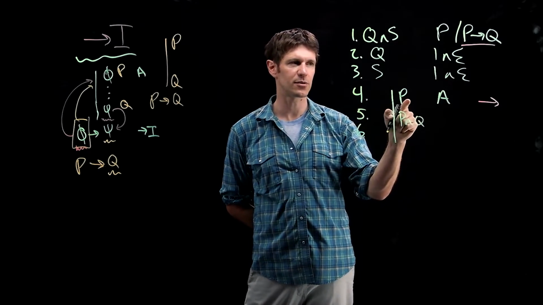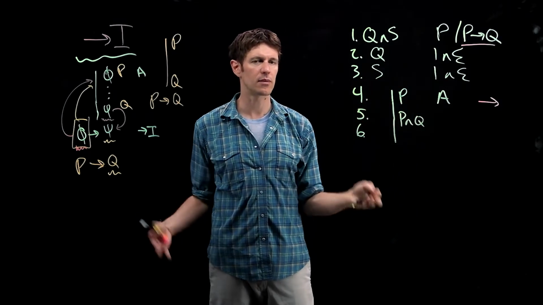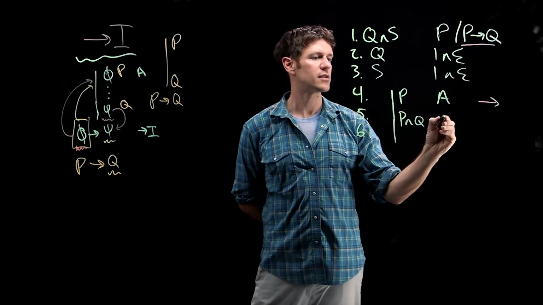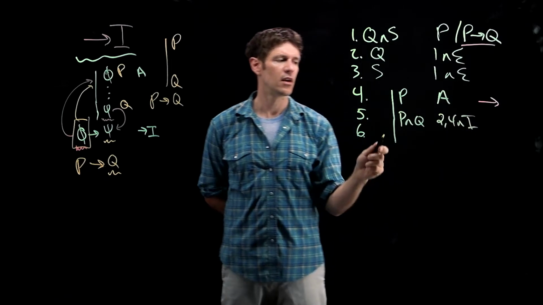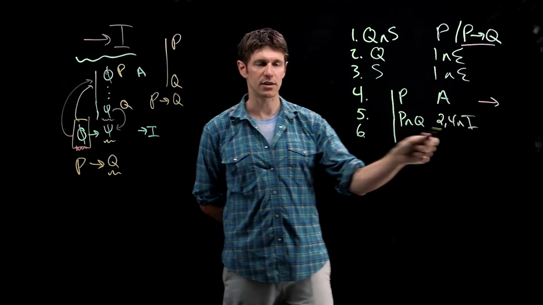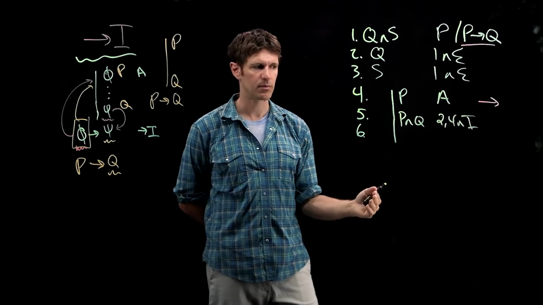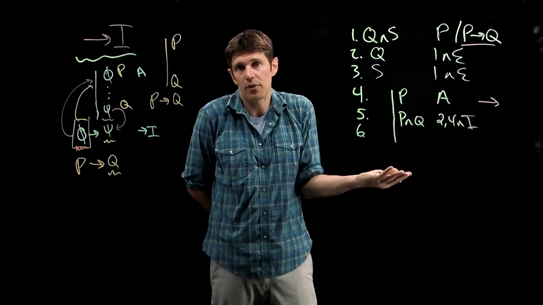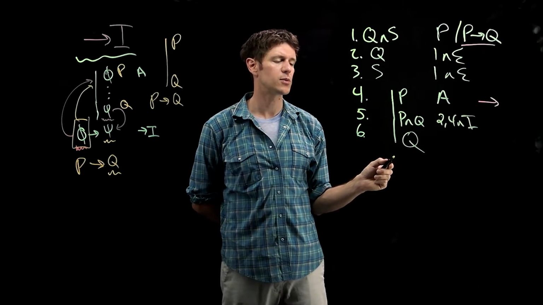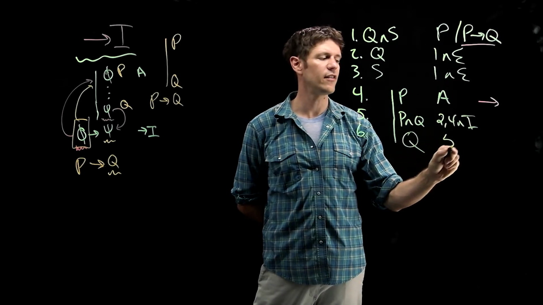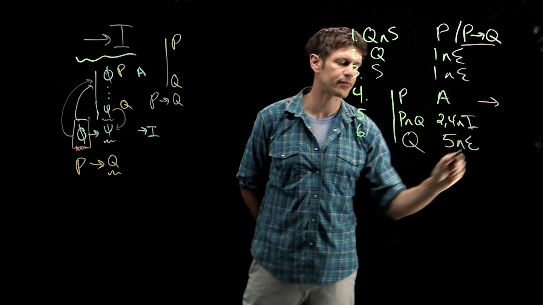Because if P is true and Q is true, then P and Q is true. So this would be 2 and 4 conjunction introduction. And now, since I have this conjunction P and Q, if the conjunction is true, then both of the sides are true. So I could reason to Q. So this would be 5 conjunction elimination.